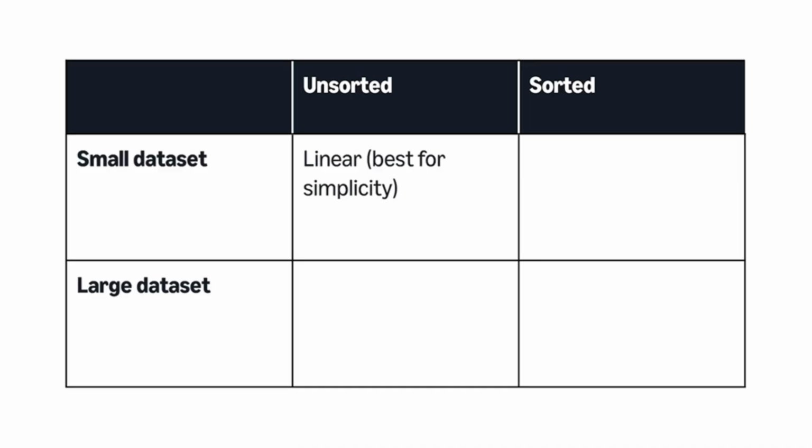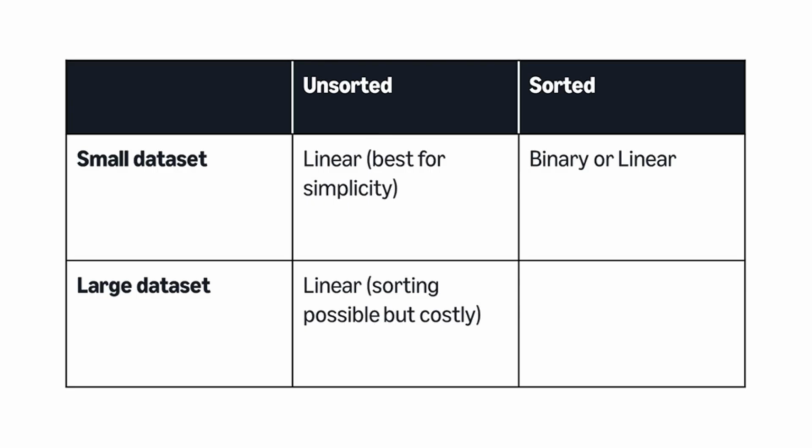So, for small, unsorted datasets, like a few randomly arranged books, linear search is simple and effective. For large, unsorted datasets, linear search can still be used, but sorting the list first could save significant time on repeated lookups. That's because, for sorted lists, binary search is the clearer choice for efficiency.